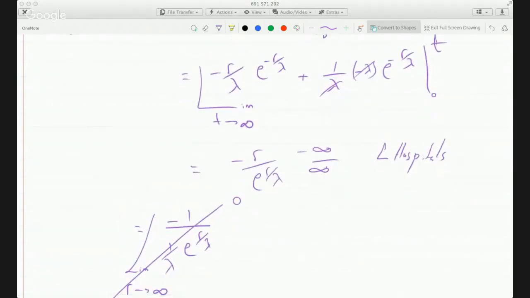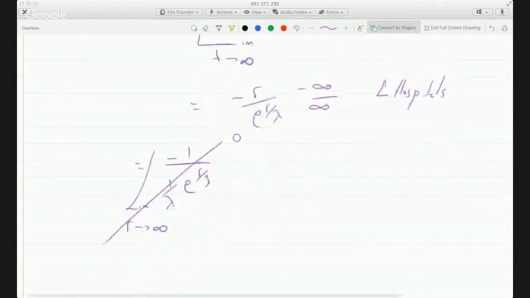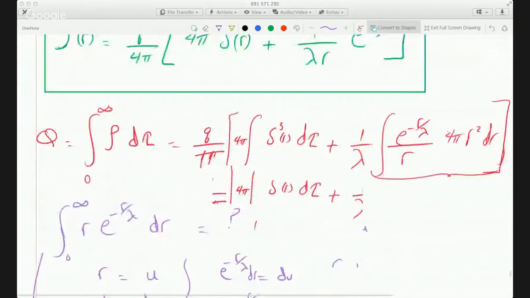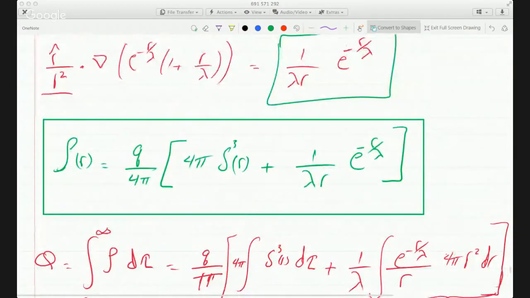Okay, the second term is where we have the problem, because plugging in t as infinity and 0, we get 1.